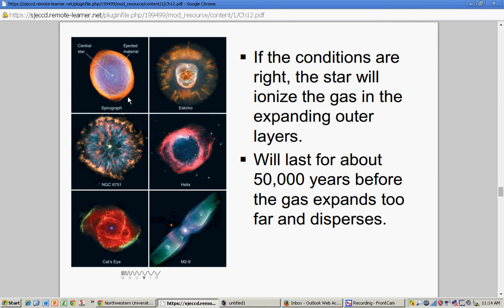Planetary nebula has nothing to do with planets, but is the result of expanding gas coming out of the center star. And the core, this very compact and hot core, is called a white dwarf. White dwarf. So what is the end of evolution of a low mass star?